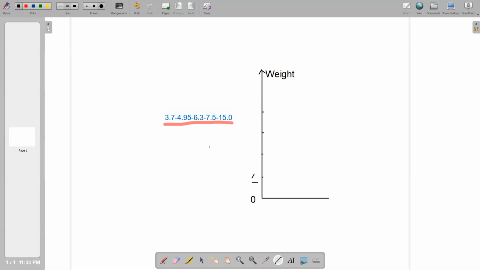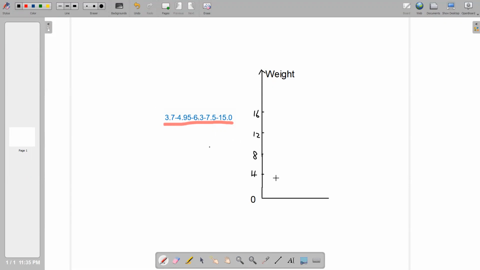So then we need to find the corresponding mark for the 5-number summary.